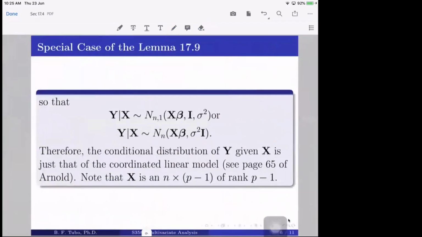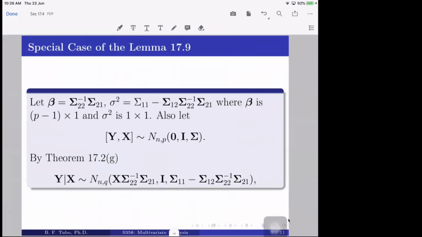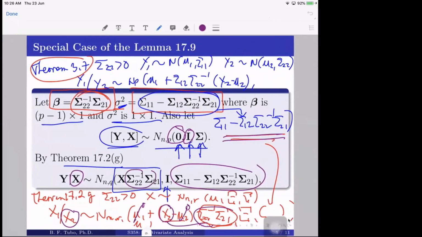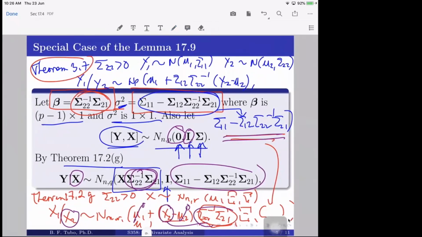So using the important lemma, you know that the conditional distribution of y given x is normal with these parameters. So x beta, this is beta by notation.